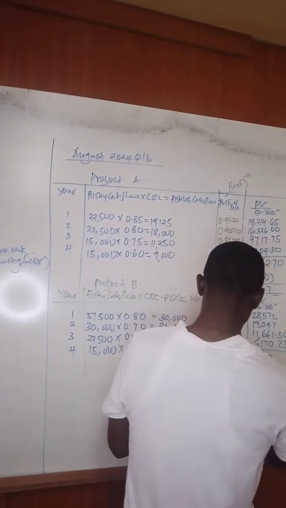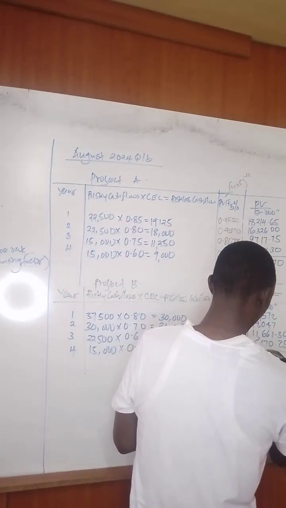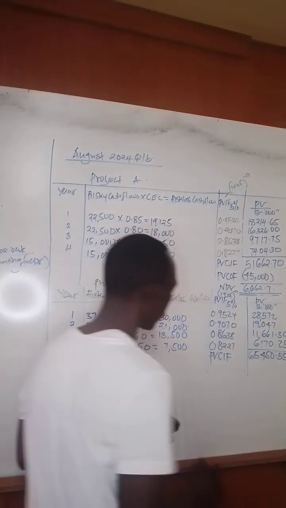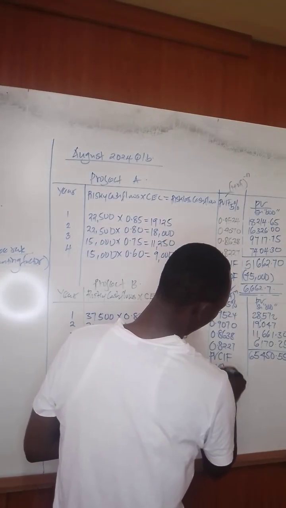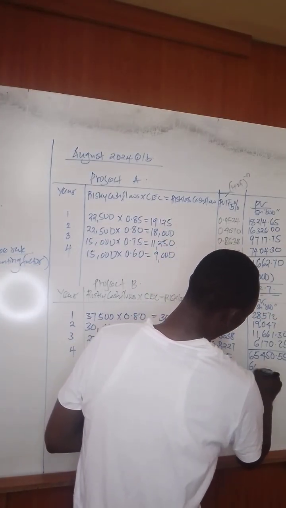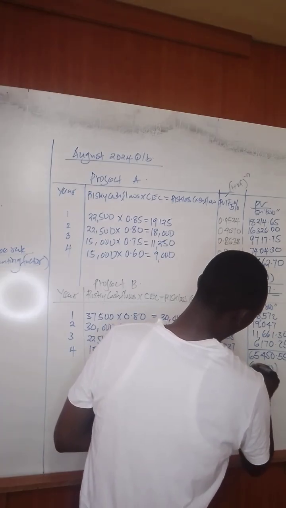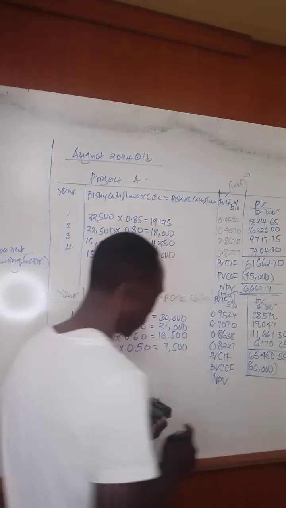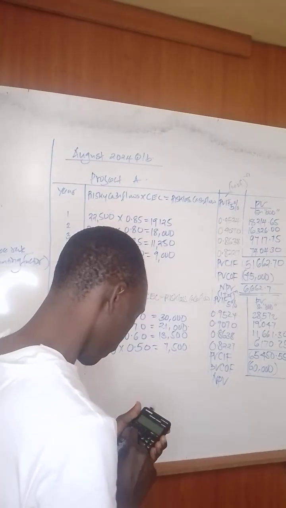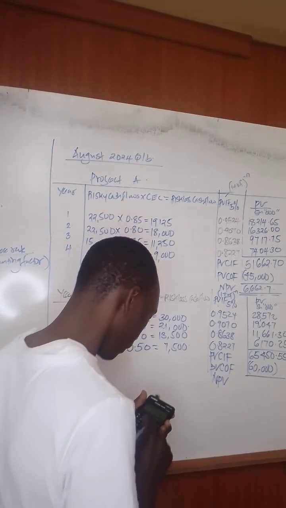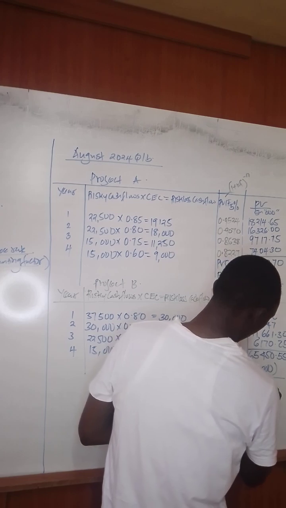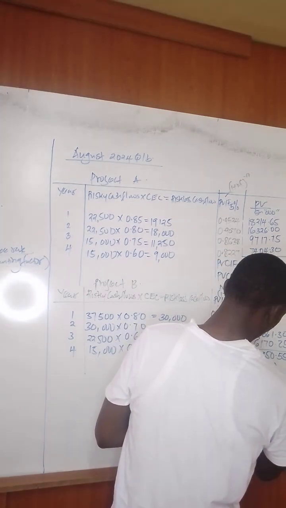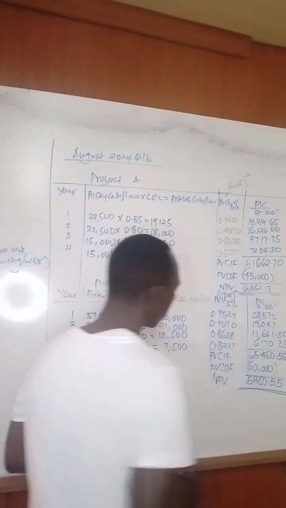So the final output is 65,450.55. Then we had invested 60,000. So therefore, our NPV will be 5,450.55. So that is the NPV.